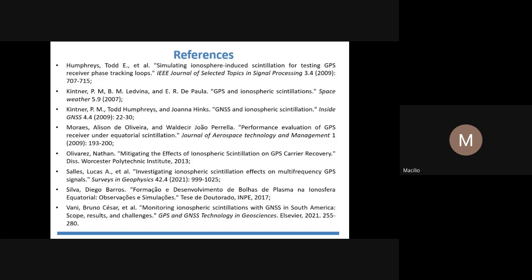This guy is from INPE, Eurico. This is the model of his father, who developed the first scintillation model.